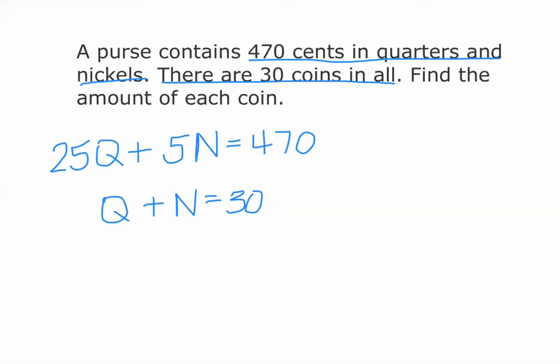No, so there's actually 2 ways to do this. You can use the process of elimination, which means we put the 2 equations together and we eliminate something. Or you can just do minus n, q equals 30 minus n, and then you substitute that. Okay. All right. Thank you. No problem.